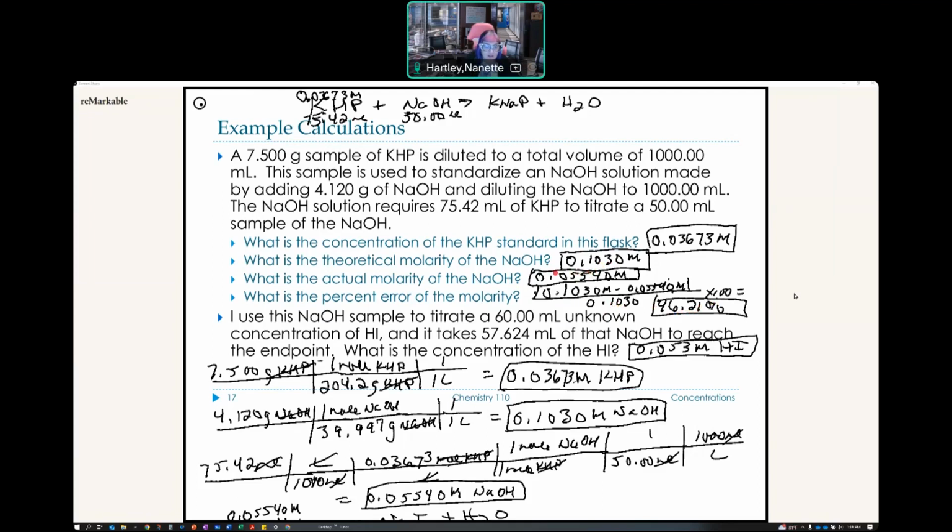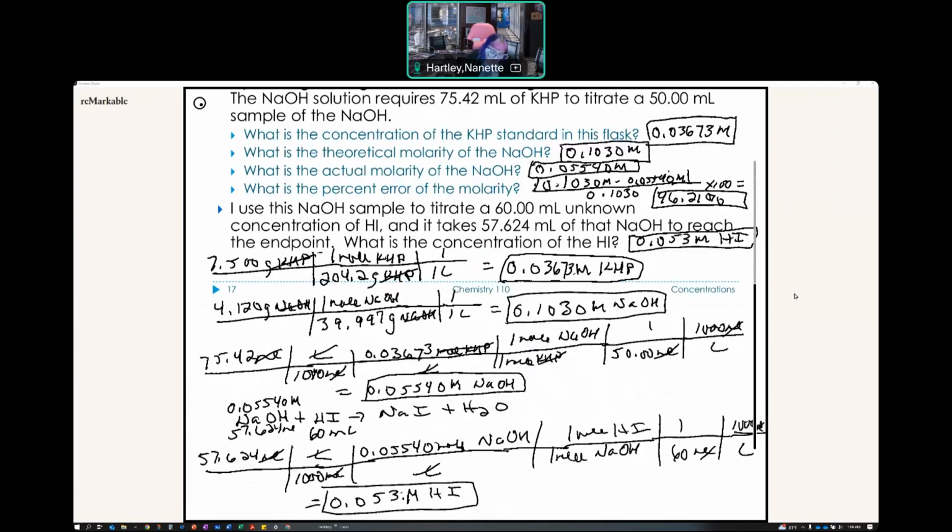Now, I use that concentration of solution, the 0.05540 molar NaOH, to titrate a 60 milliliter sample of HI of unknown concentration. It takes 57.624 milliliters of that NaOH solution to reach the endpoint. So what's the concentration? First thing I do is write the equation.